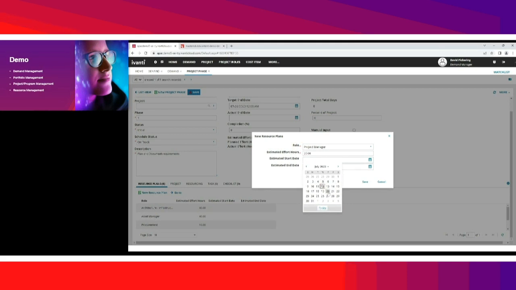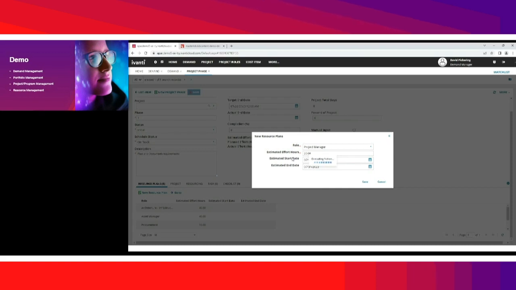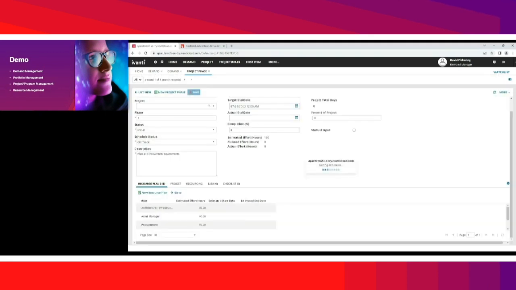And we'll have them for a certain amount of time. And that timing doesn't really matter so much, it's more the effort hours that we're talking about here. And what that's going to do is calculate that resource hours, and now we've got our estimated effort added to that particular project phase.